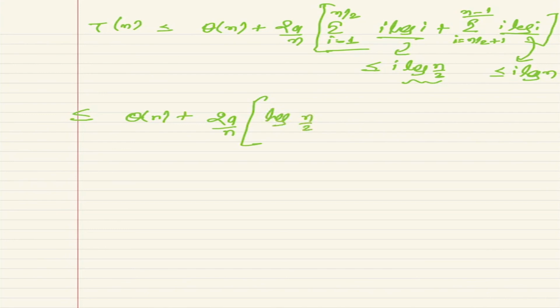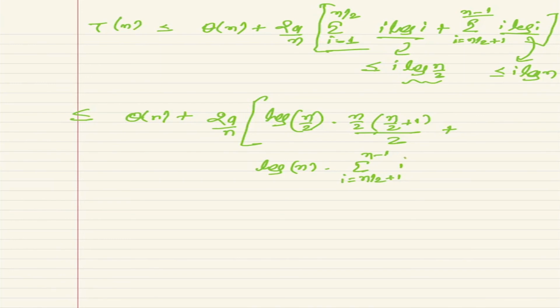Log n by 2 times summation i from 1 to n by 2, and you know the formula for that, that will be n by 2 plus 1 by 2, plus the second term, the log n is common, log n times summation i is equal to n by 2 plus 1 to n minus 1.